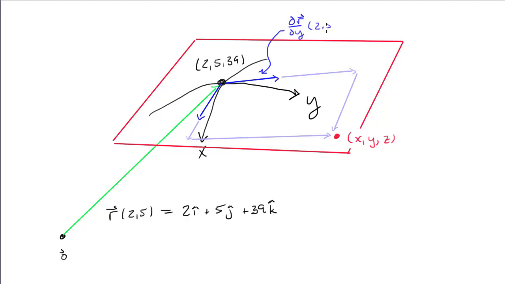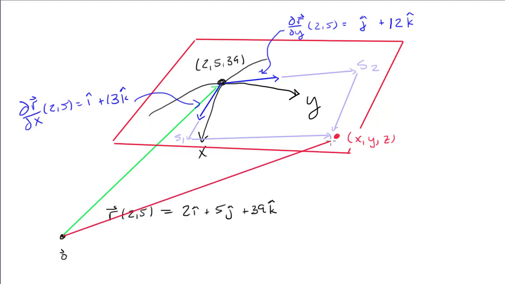My tangent vectors, my partial derivatives with respect to the parameters of the surface. Then I need to scale those vectors to push to the point on the plane. I'll use S1 and S2 instead of X and Y. It's a new object, so you should use new parameters.